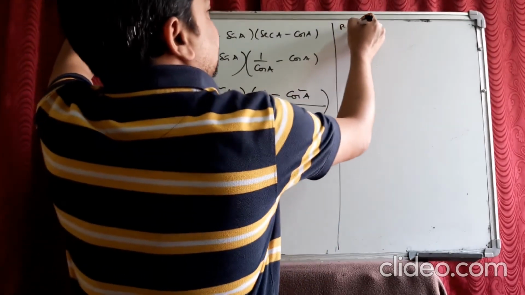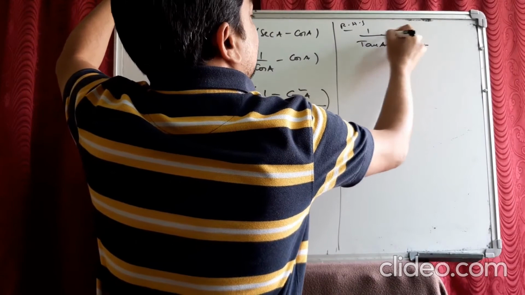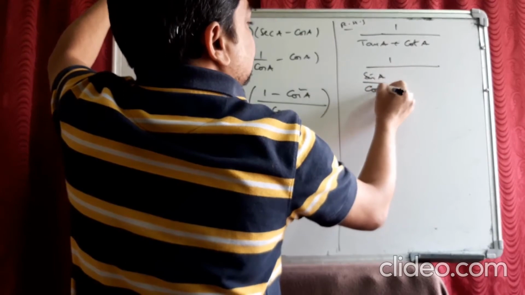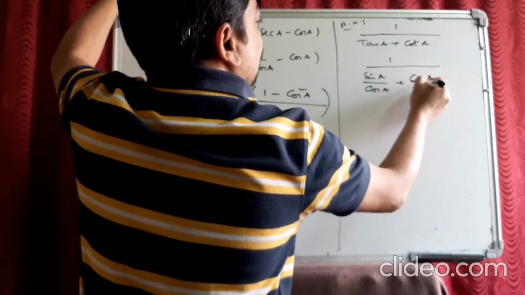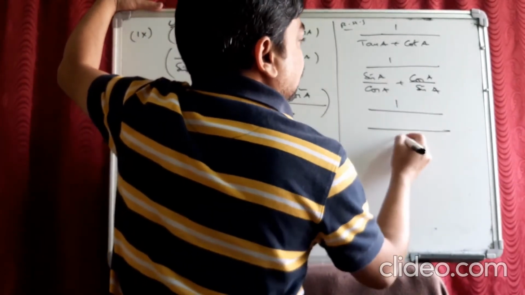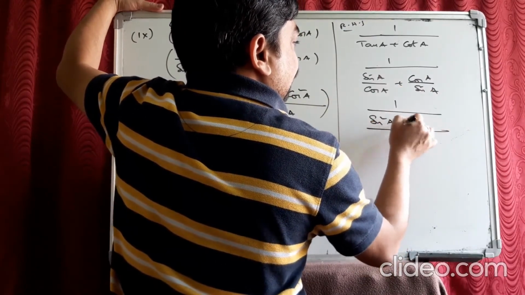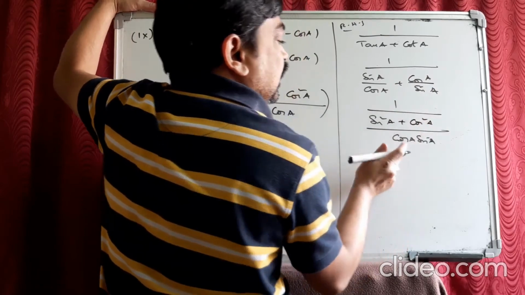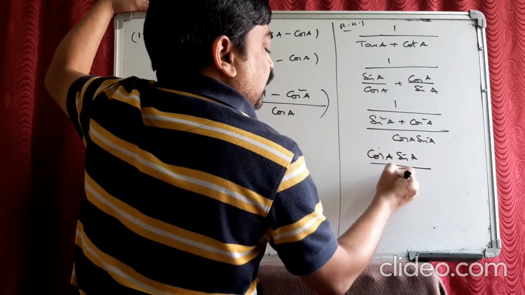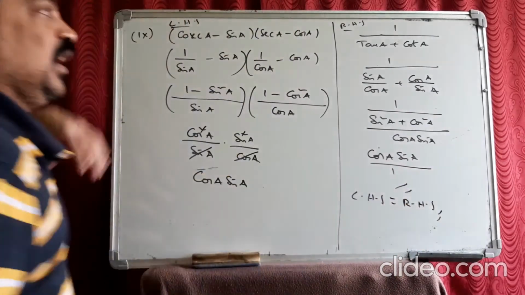RHS is 1 by tan A plus cot A. Convert everything in terms of sin and cos: sin A by cos A plus cos A by sin A. Now we can take the LCM in the denominator, cos A sin A. It comes here, it becomes sin square A; it goes here, it becomes cos square A. So cos A sin A jumps to the numerator and the denominator becomes 1. Therefore LHS is equal to RHS. Okay?